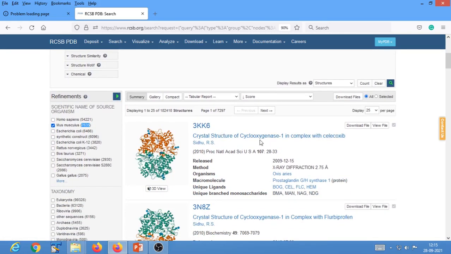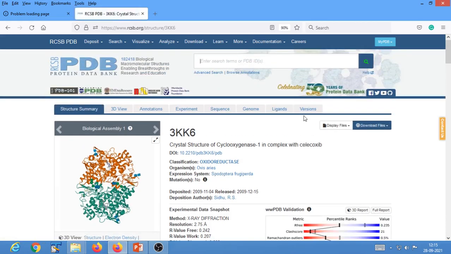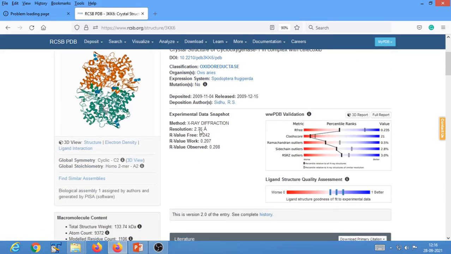Okay, so let us focus on this COX1 for the time being. If you click on it, you would be taken to the page where you can download the information. Here you can see that this structure has been resolved at 2.75 Angstrom resolution, and the observed R value is around 0.20.